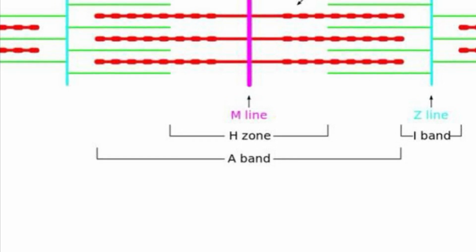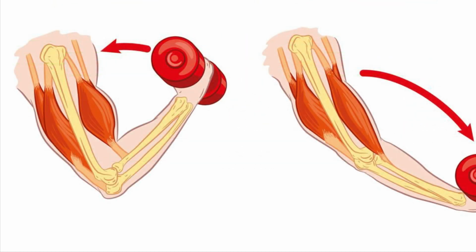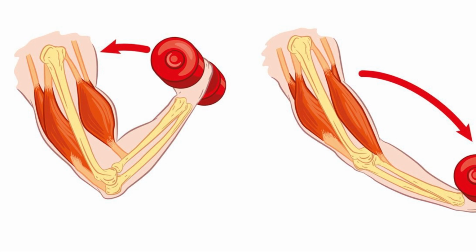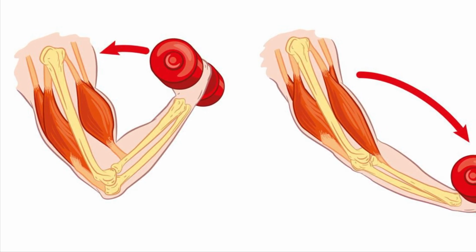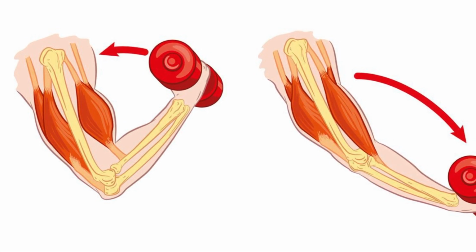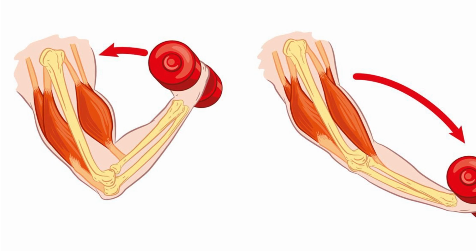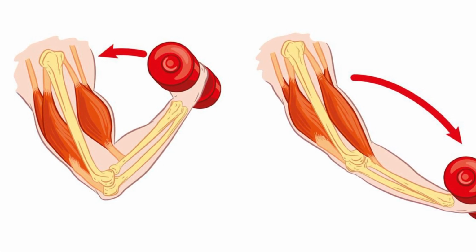As calcium gets away from the troponin, the complex is reestablished, which blocks the binding sites on the actin. With the binding sites of the actin blocked, the myosin heads can finally detach from the actin. Now the cross bridge has been detached, and the sarcomeres can finally return to their resting length, and the muscle is relaxed.